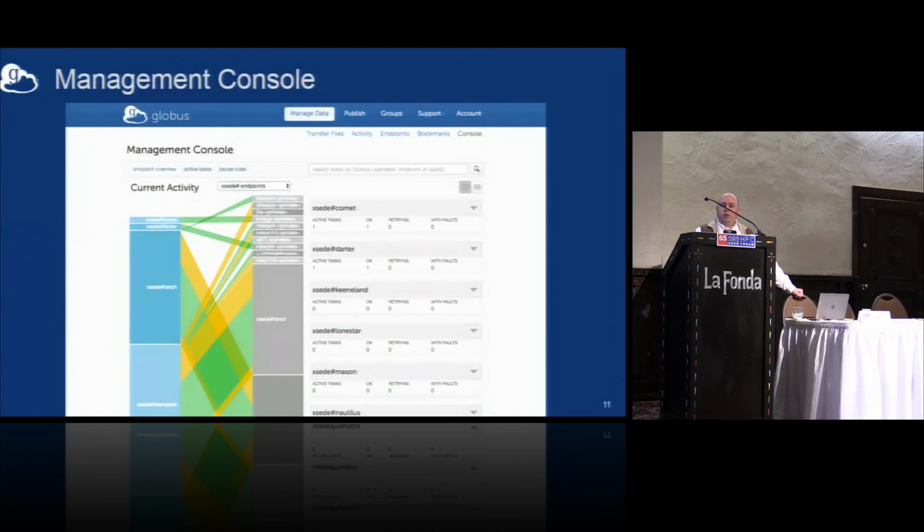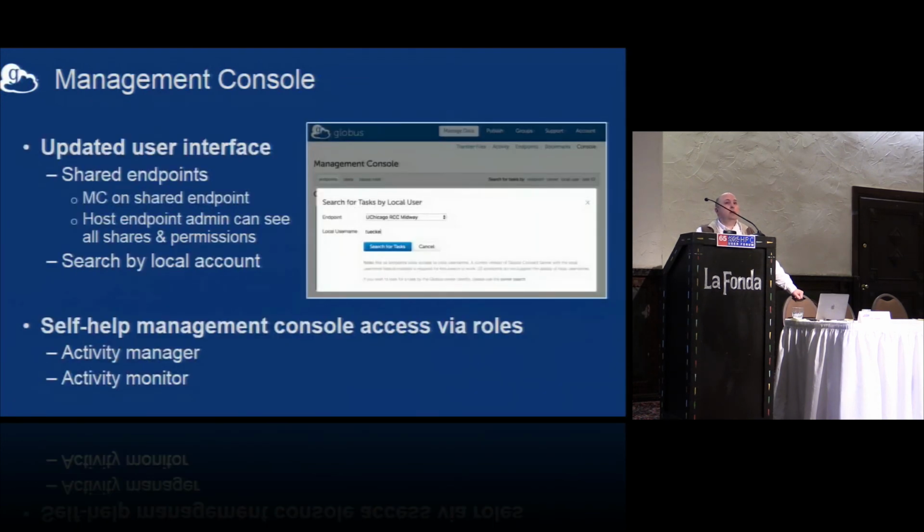Our management console has been upgraded recently. This is basically where, if you are running an endpoint that has Globus Connect on it, you can see who's moving things to and from your system and where they're going. You can't see what it is because that's a privacy issue, but you can at least see sizes, usage information and performance.